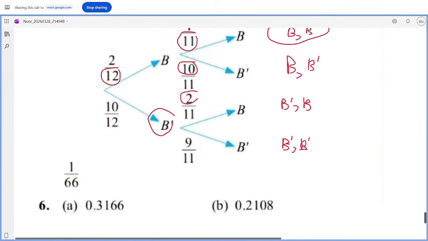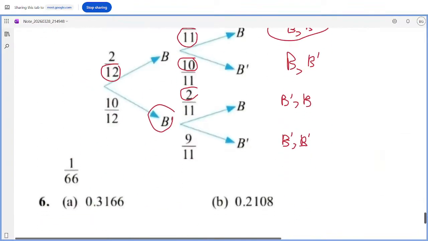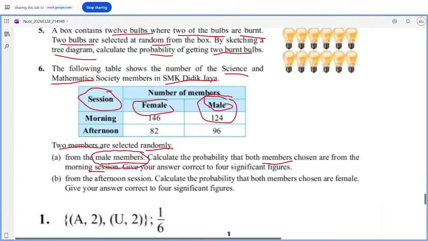You should get 0.3166. Let me check. 124 over 240 times 123 over 239. Wait. 0.3166. Probability that both members chosen are morning session from the males. Wait, 124 plus 96 is 220.